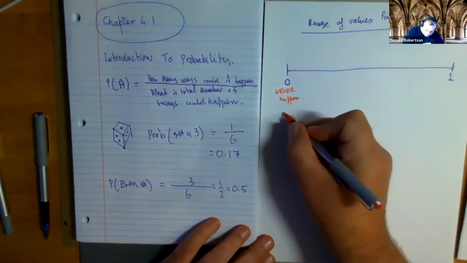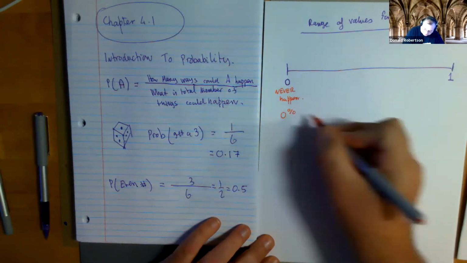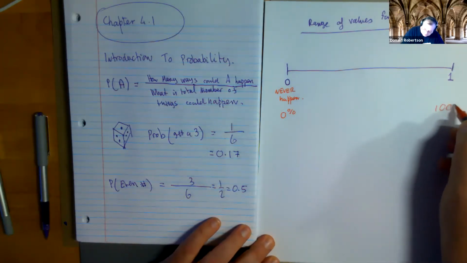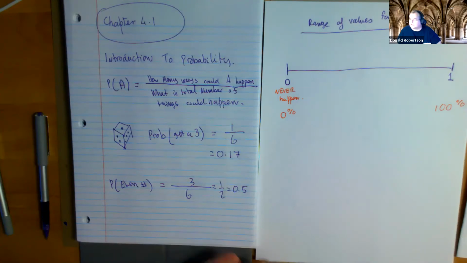Now, sometimes probabilities are also converted into percentages. So if somebody says the probability of something happening is 95%, isn't that an event that's very likely to happen pretty much every time? Not a guarantee every time, but very likely, right? Something with a 1% probability, isn't that a pretty rare event? It's not going to happen that often, right?